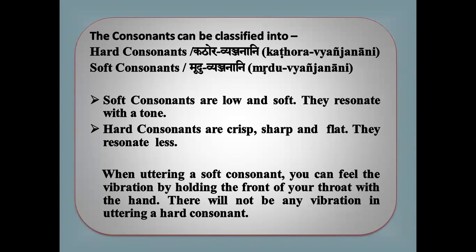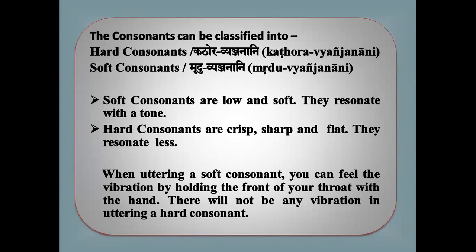Therefore ka, kha, the first class; cha, chha, the second class; ta, tha, the third class; ta, tha, the fourth class; pa, pha, the fifth class. The first and second letters of all the classes are hard consonants.